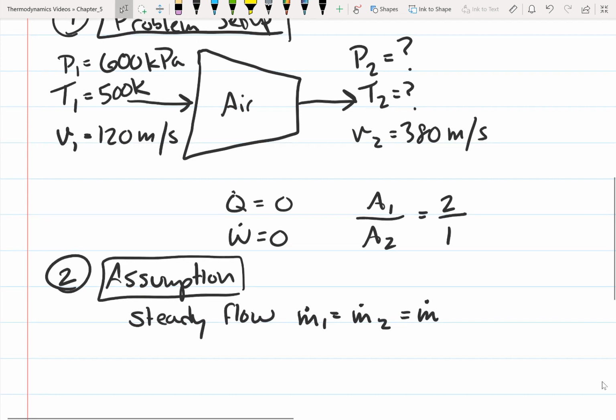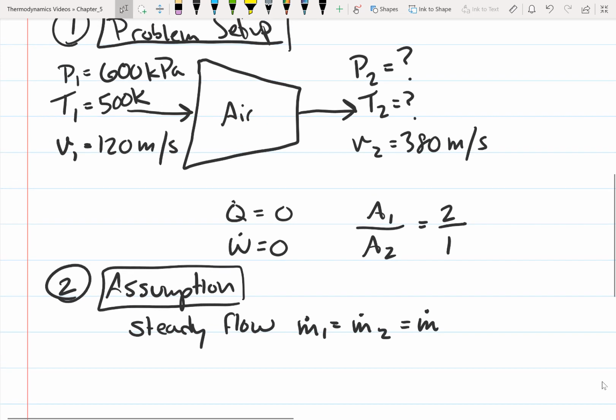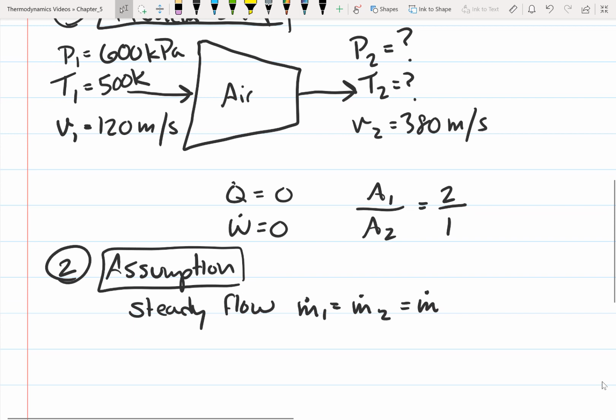This makes sense because if we have air or fluid flowing through this nozzle, unless it's in the startup or shutdown phase, we can't really have the mass changing inside the nozzle with time. Otherwise, it wouldn't be operating correctly. So since it's a nozzle, we can assume steady flow.